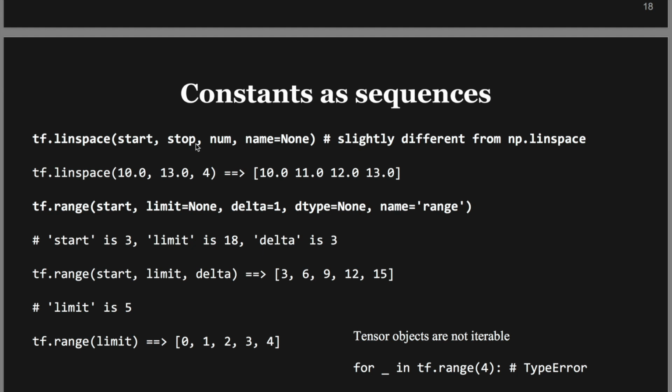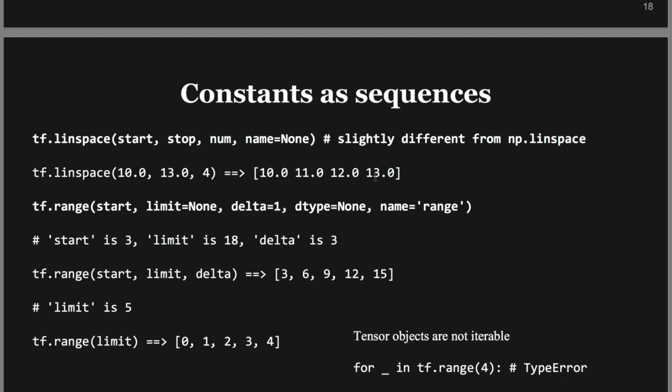And you will just get the number of equidistant intervals. So for example, 10 to 13, 4, you will get 4 different floats, and they are all spaced equidistant.